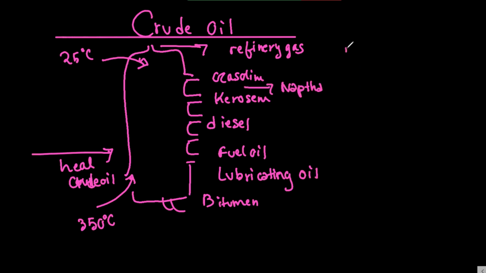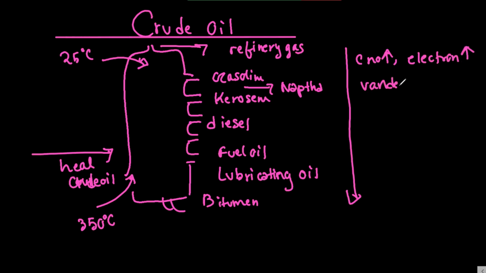So as you can see, as you go down the fractionating column, the carbon chain gets longer. As carbon number increases, electron number also increases. If electron number increases, you will have stronger van der Waals forces. Van der Waals forces are basically your permanent dipoles, instantaneous dipoles and temporary dipoles.